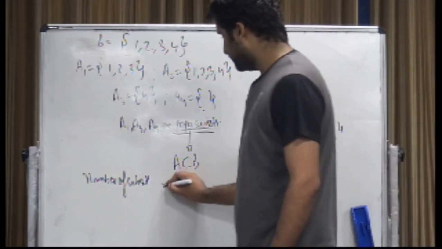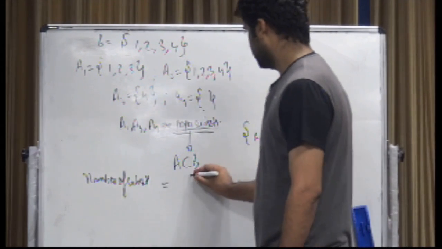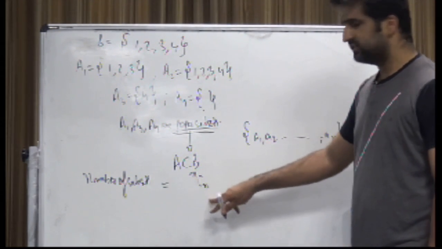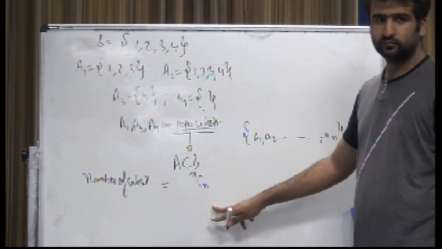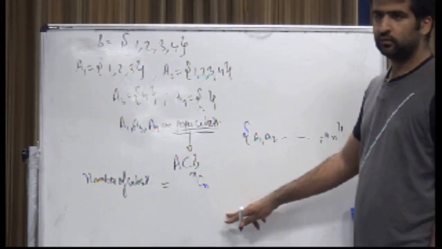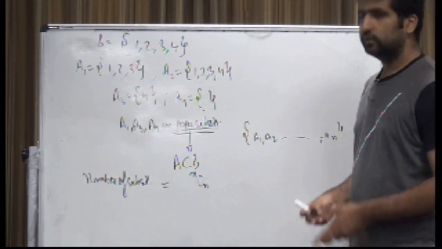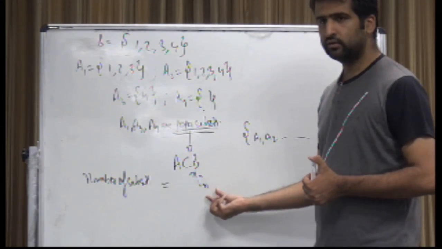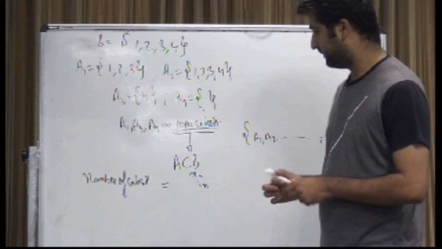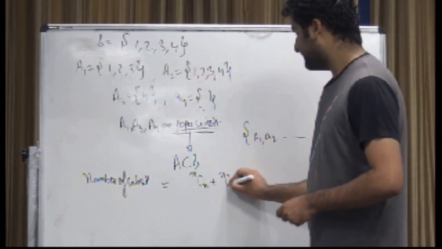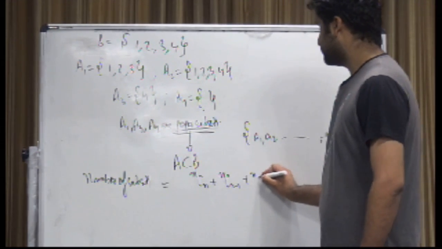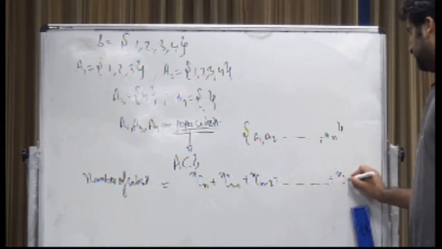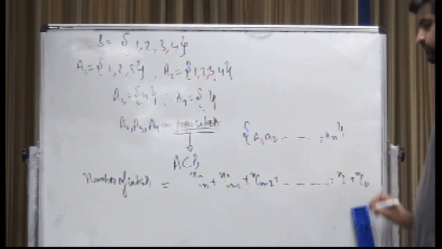To form subsets, we can either use all the elements, that is nCn, the binomial coefficient, which means selecting n elements out of n. Or you can choose n minus 1, or n minus 2, up to nC1 and nC0.